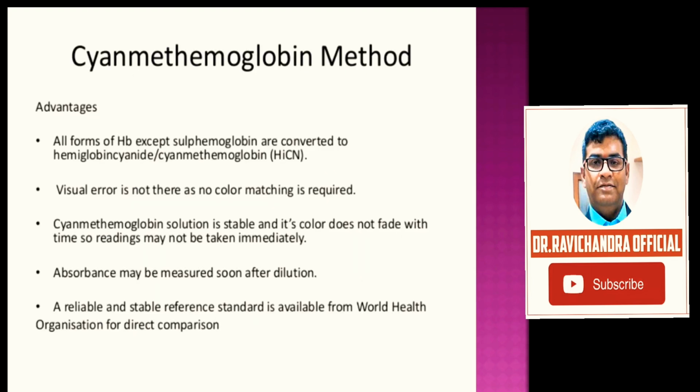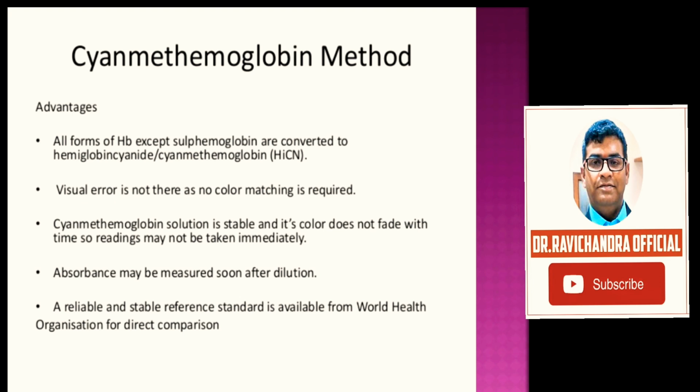Advantages of the cyanmethemoglobin method: as I said earlier, all forms of hemoglobin except sulfhemoglobin are converted to cyanmethemoglobin, HiCN. There is no visual error as no color matching is required. Cyanmethemoglobin solution is very stable and its color does not fade with time, so the reading can be taken at a later time also.